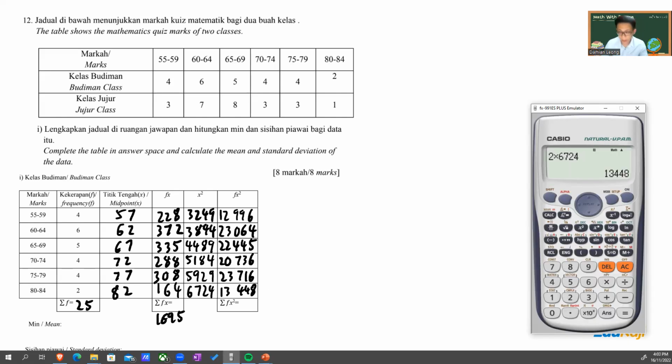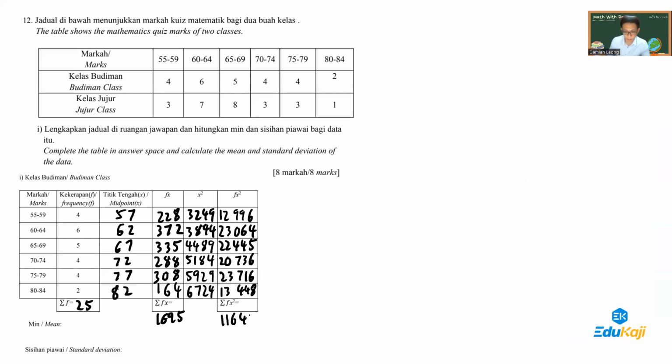Sum of fx square, add all together. 12996 plus 23064 plus 22445 plus 20,736 plus 23716 plus 13448, 116,405. That's the table.